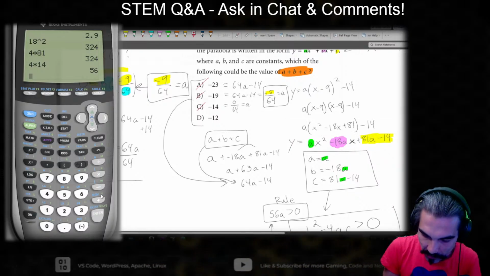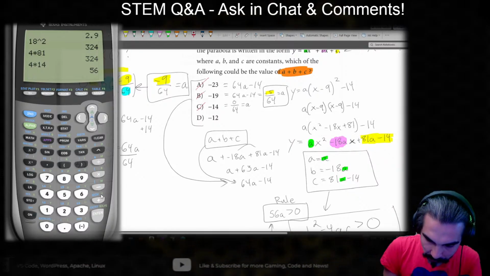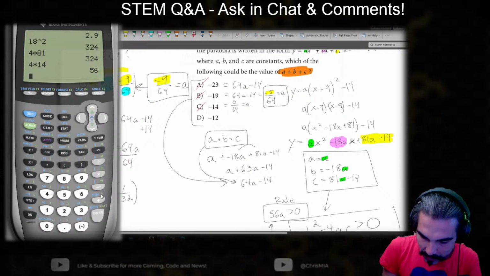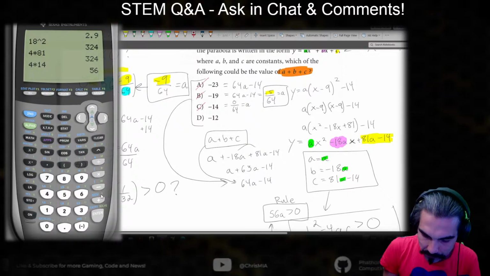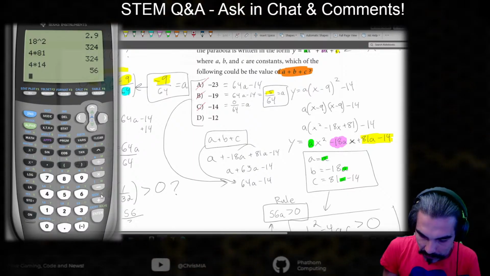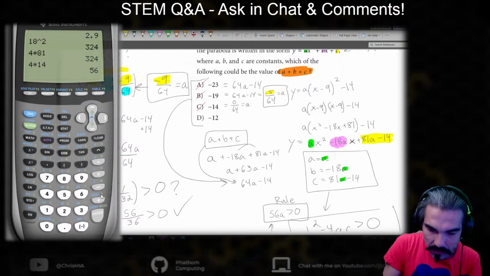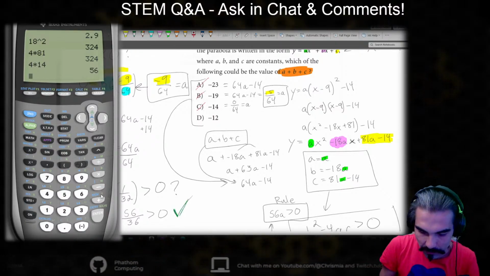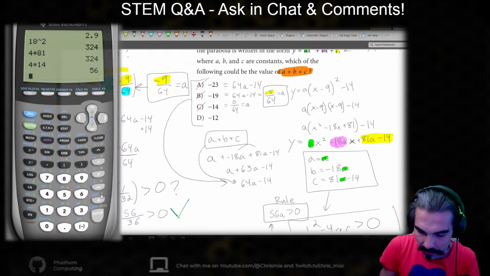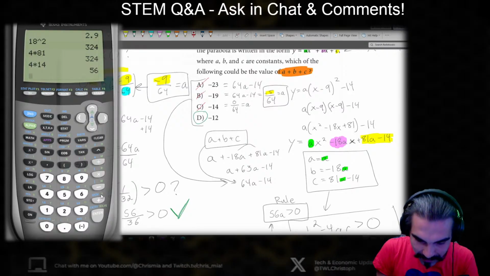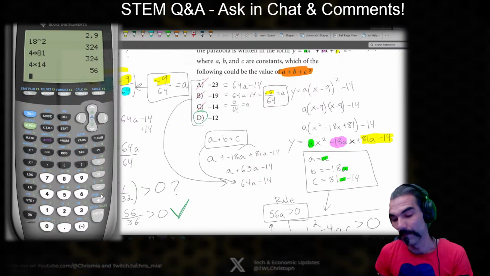And if we apply the rule here, 56, plug in 1 over 32. Is that greater than 0? Well, 56 over 32 would be the simplified fraction. Yes, that is going to be a number that's greater than 0 simply because the 56 is a positive number. And D is your final answer.